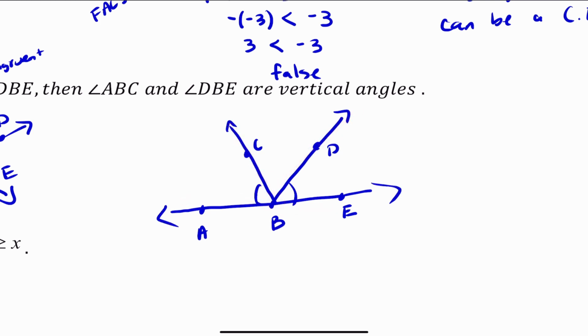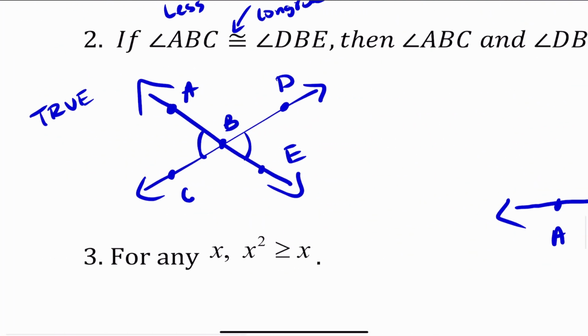Just like that. That is my counterexample. So congruent, but not vertical. Right? I show that these angles are congruent, but they don't have to be vertical angles.